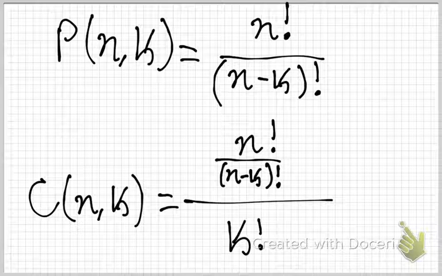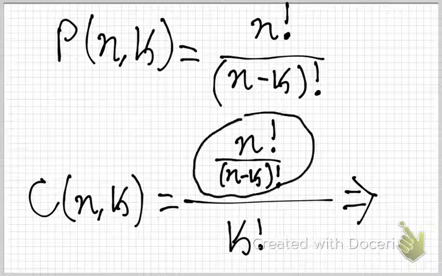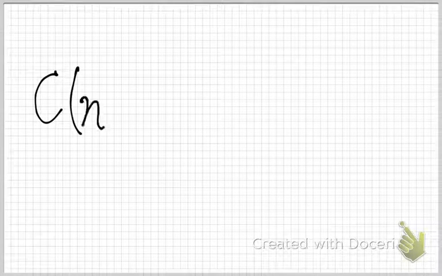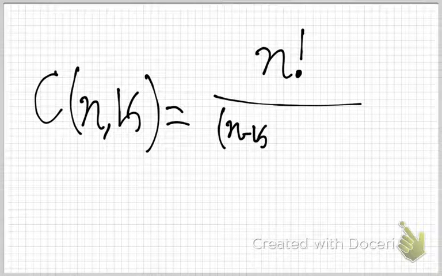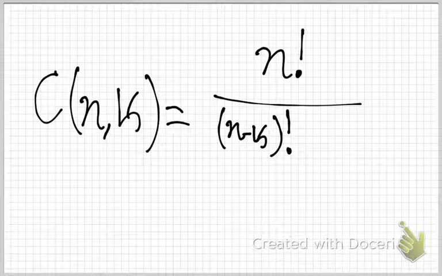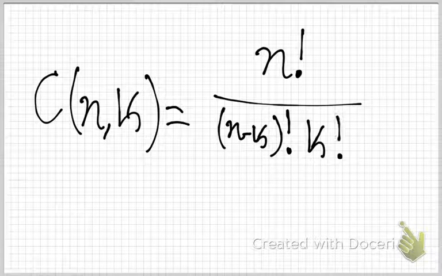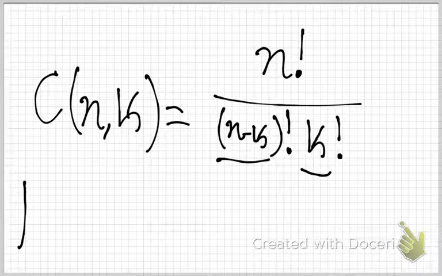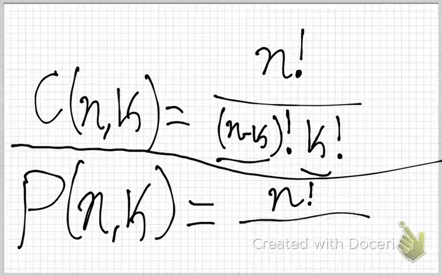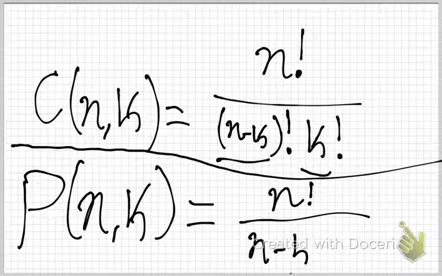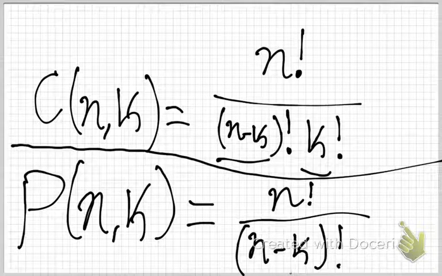Then we do a little bit more algebra and we find that C(n,k) is equal to n factorial over n minus k factorial times k factorial. We also know that P(n,k) is equal to n factorial over n minus k factorial.